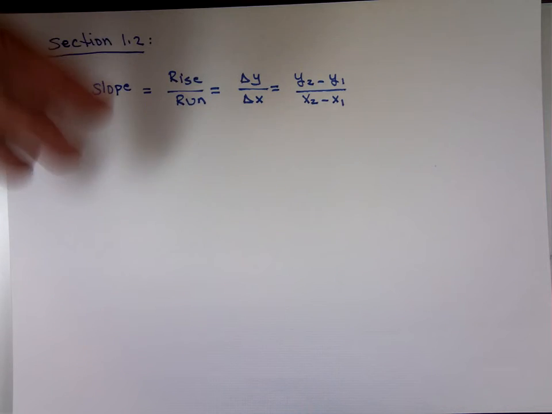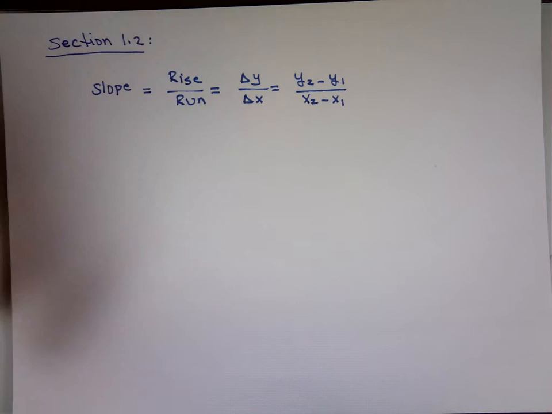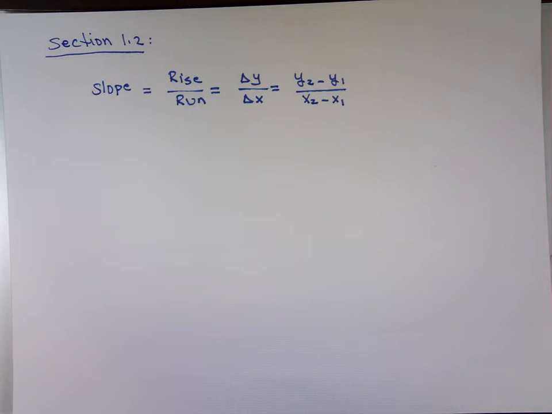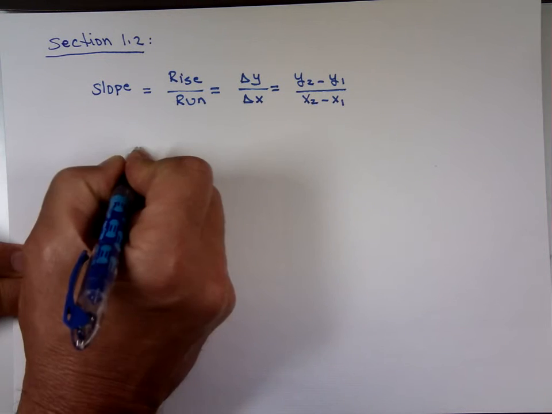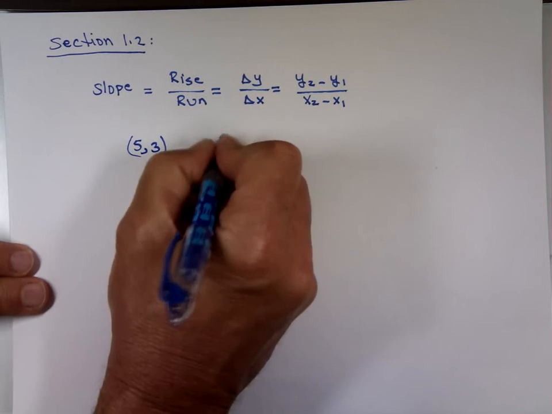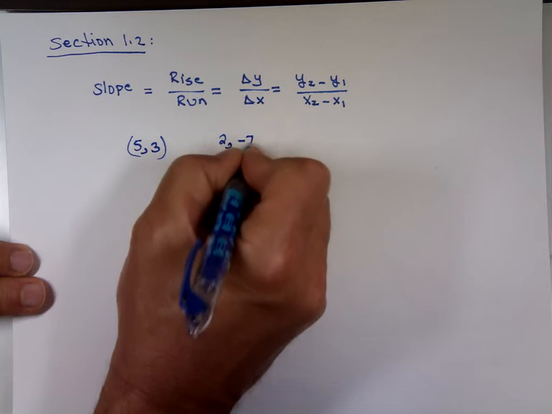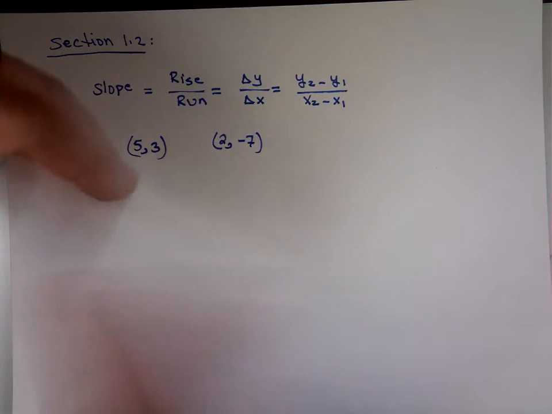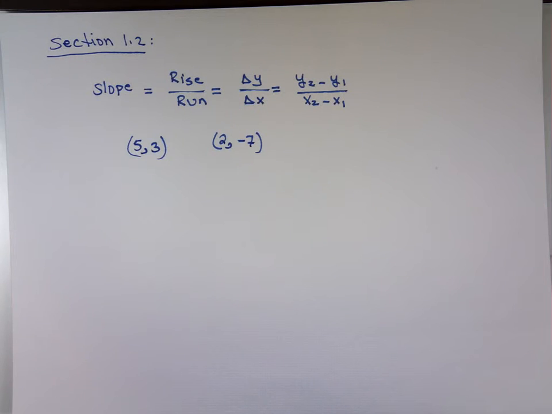Now, to find the slope, you have to be given 2 points to use that equation. So if we have the points (5, 3) and (2, negative 7), we have a line that passes through these 2 points. Let's see what it looks like.